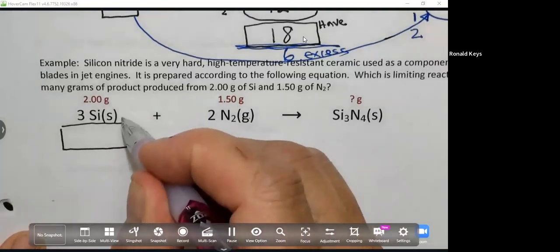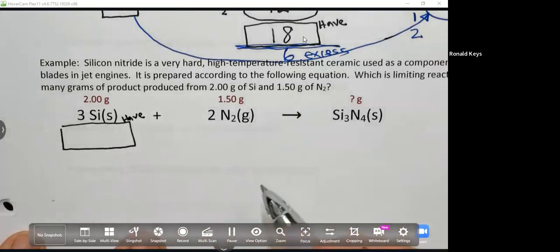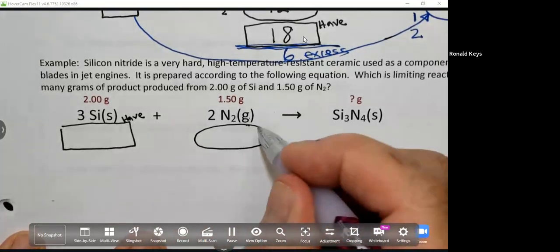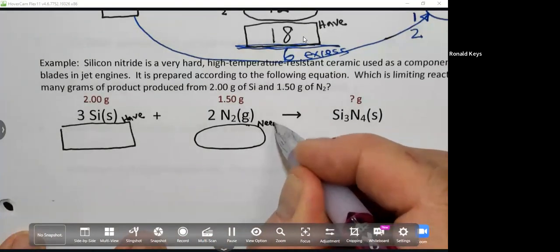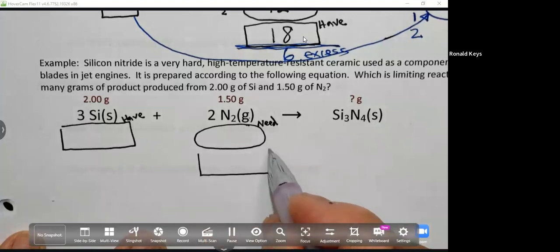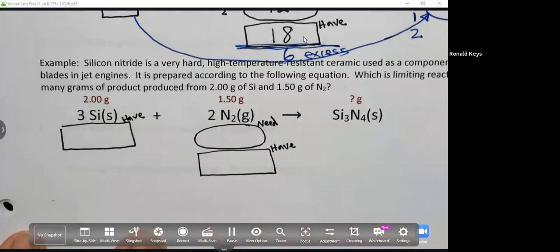So we are going to calculate how many moles we have, evaluate how many moles we need, and then calculate how many moles we have, exactly what we did up above.